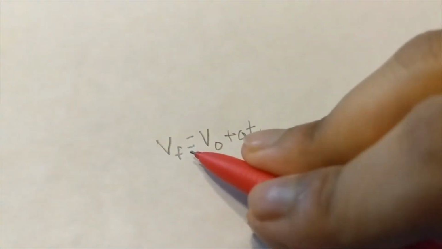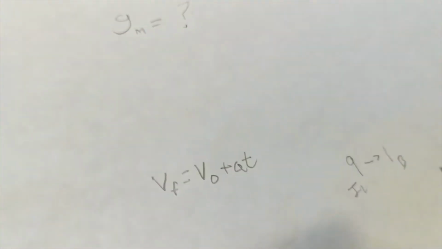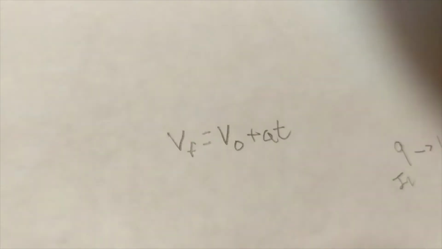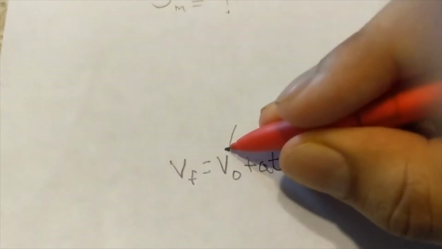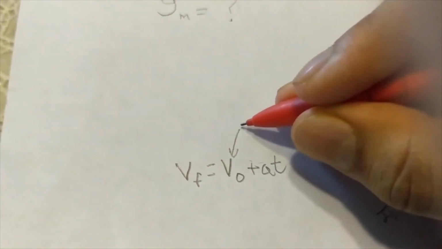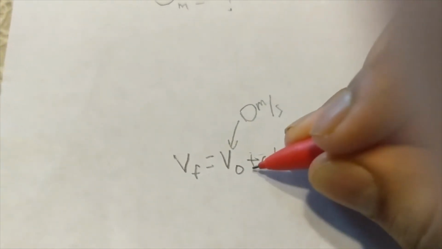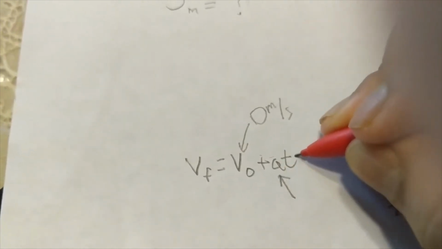Now how do we use this? Vf is going to be our final velocity. If you remember when I explained the test, I'm going to be dropping an anvil onto the ground. Since I'm dropping it, V0 is going to be 0 meters per second, plus A, which is what we're trying to solve for.